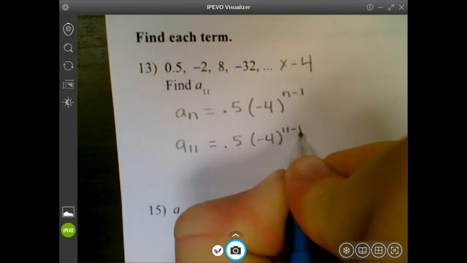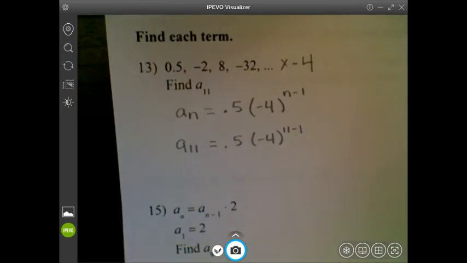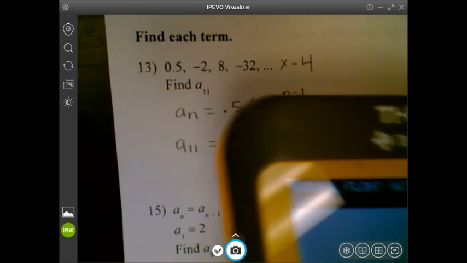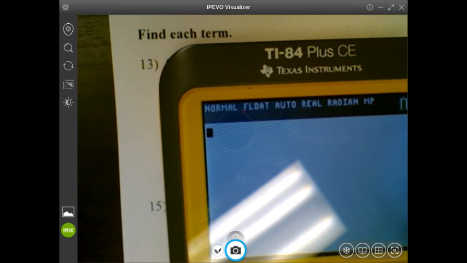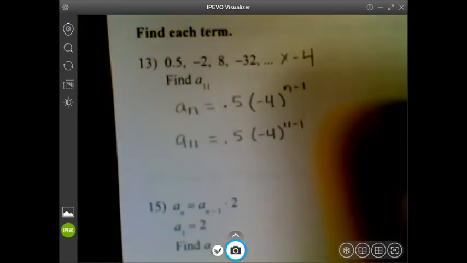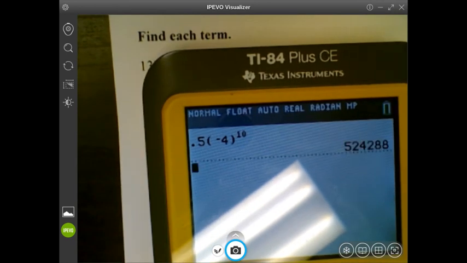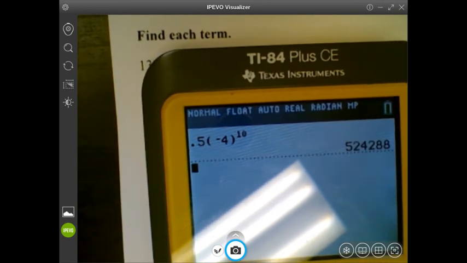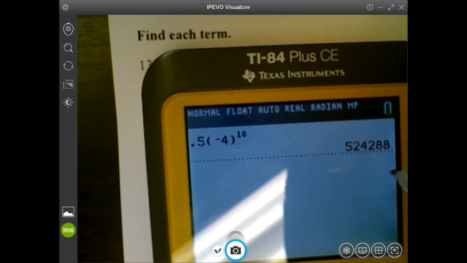Because this is an exponential, a geometric, the n is in the exponent, so we expect this to grow pretty fast. So 0.5 times negative 4 to the power of 11 minus 1, so I'm just going to type in 10. I expect a big number because we are multiplying by negative 4 ten times.